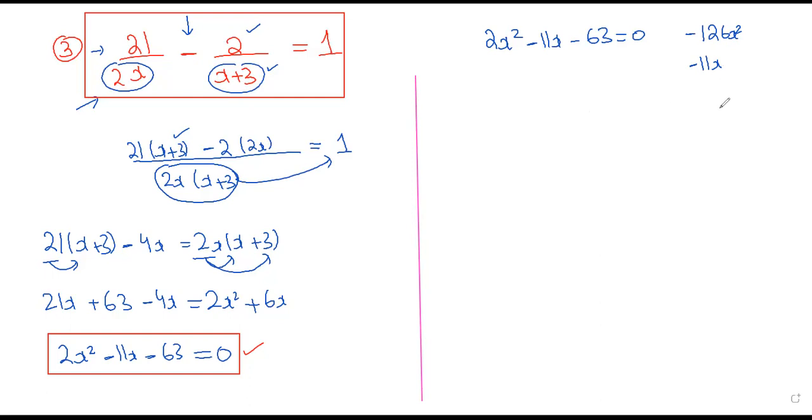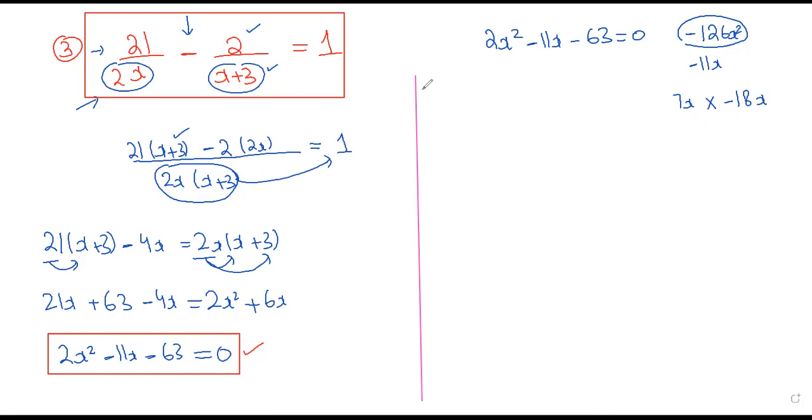This means that 7x multiplied by minus 18x would give me minus 126x squared, and when I add them up, it would give me minus 11. So these are going to be the quadratic factors, right?